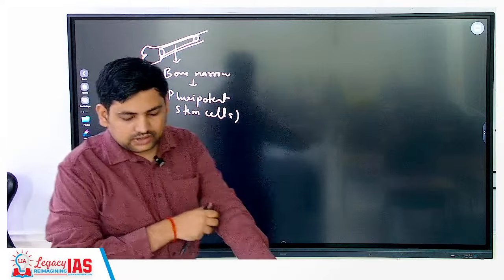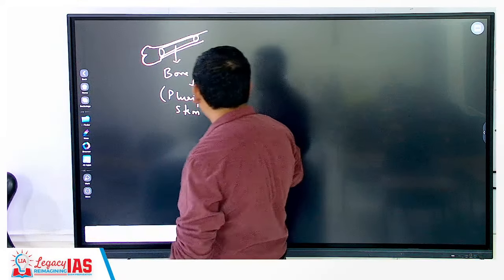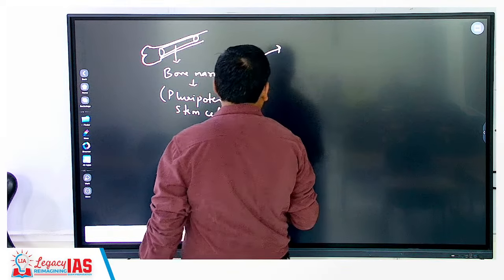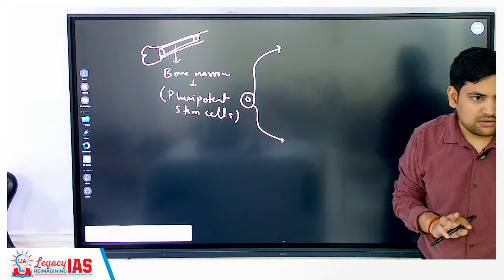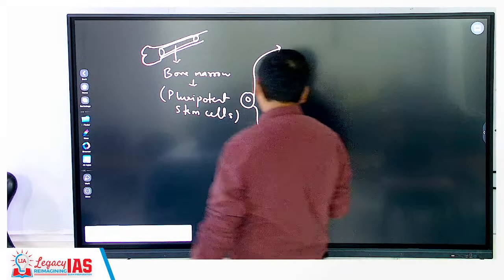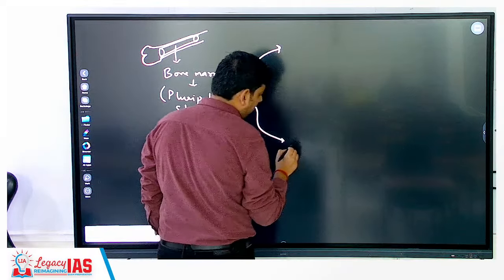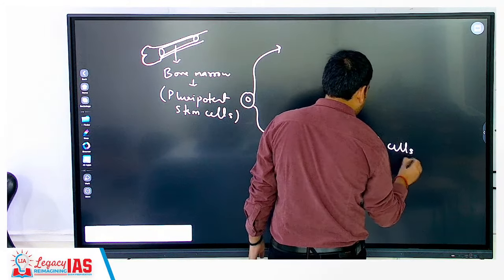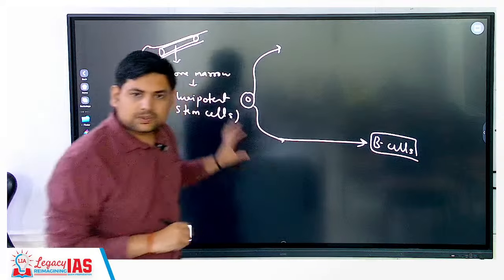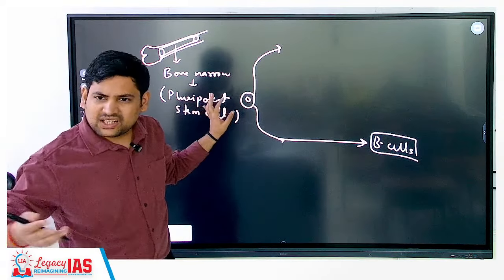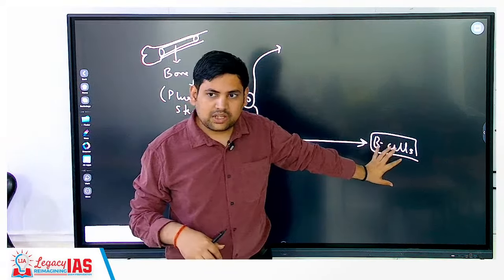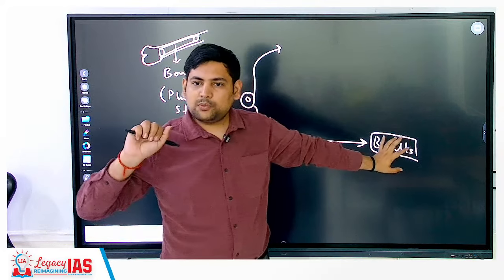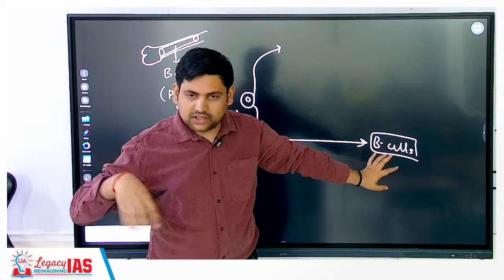Now this gets divided into two. From this bone marrow itself, you get something called B cells. So these pluripotent stem cells form other cells, and one of the cells they form is B cells. These are white blood cells, WBCs, that protect you from diseases and all.